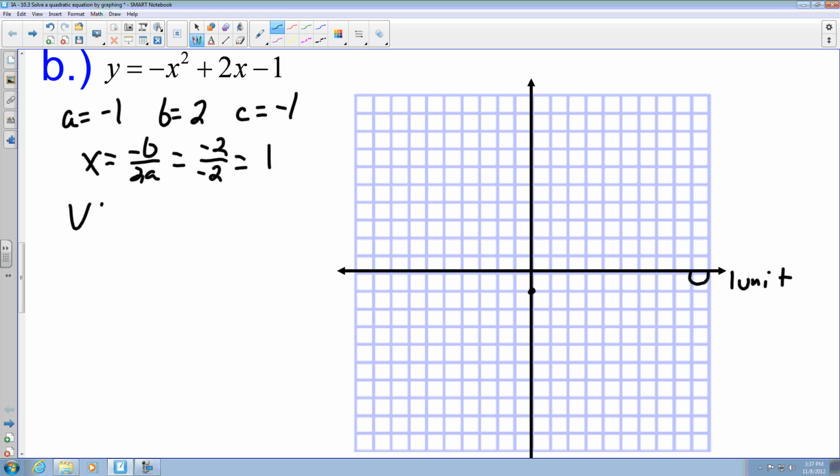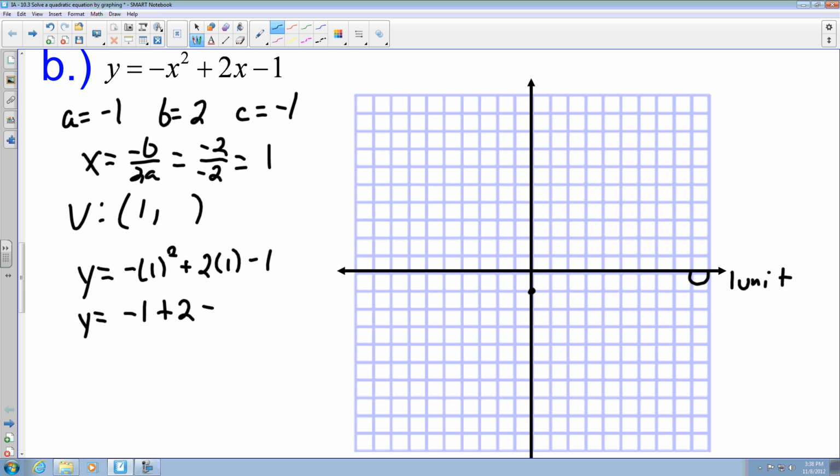So our vertex is going to be at 1, comma, something. So we substitute 1 in for x. So y equals negative 1 squared plus 2 times 1 minus 1. 1 squared is 1, but we have the negative, so that's negative 1, plus 2 minus 1.